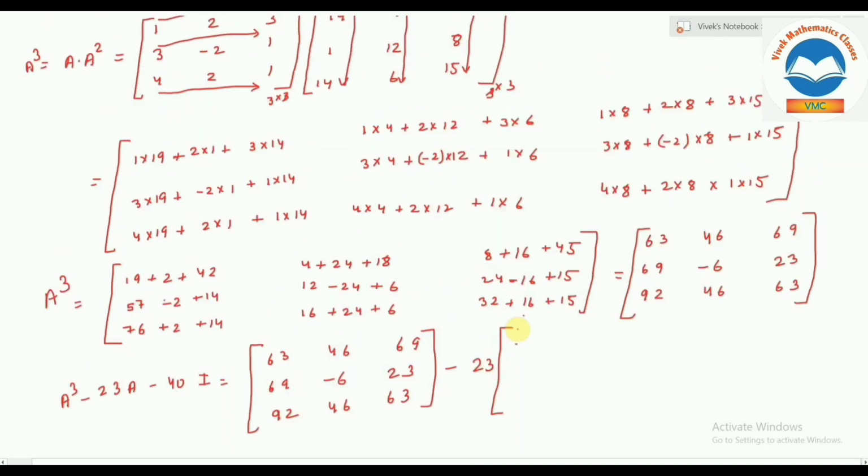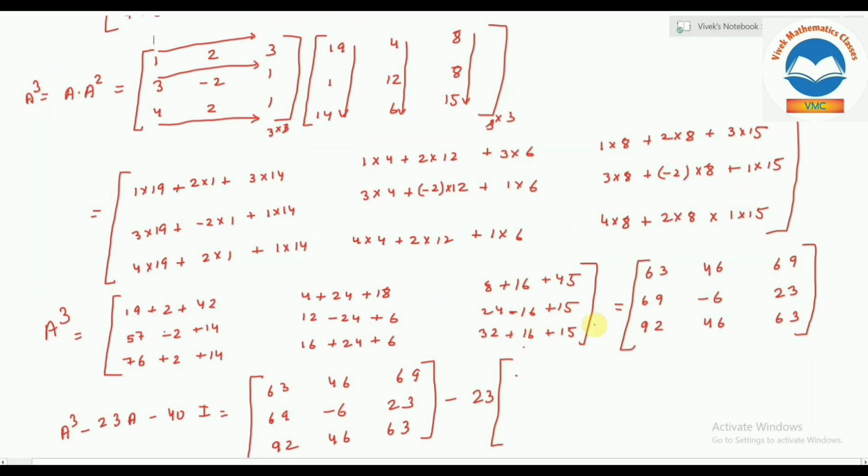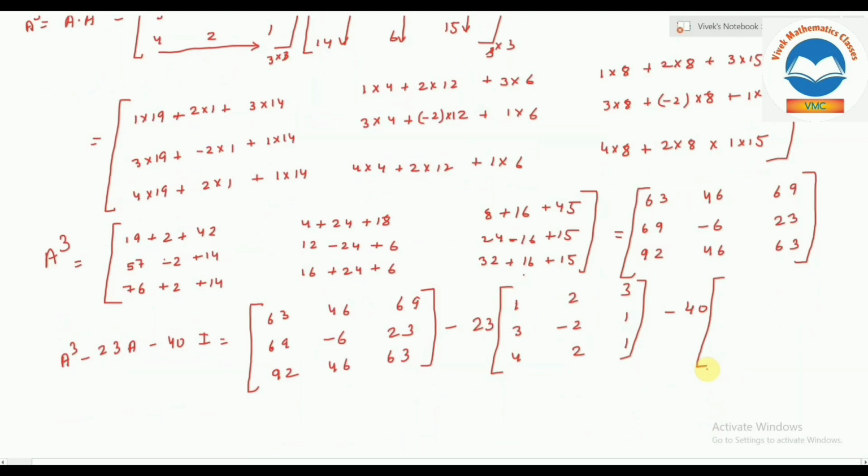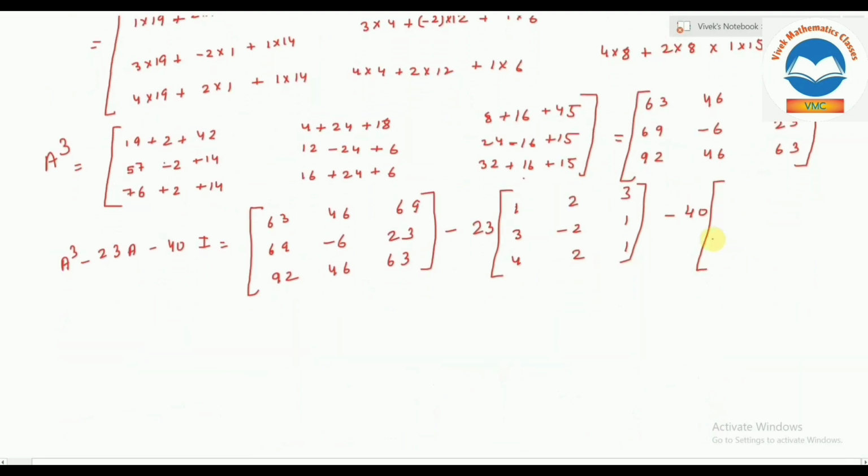A matrix was this one: 1, 2, 3, 3, minus 2, 1, 4, 2, 1. And in this minus 40I. I matrix we know. Since every matrix is 3 cross 3, this also I will take 3 cross 3. So we will write 1, 0, 0, 0, 1, 0, 0, 0, 1.